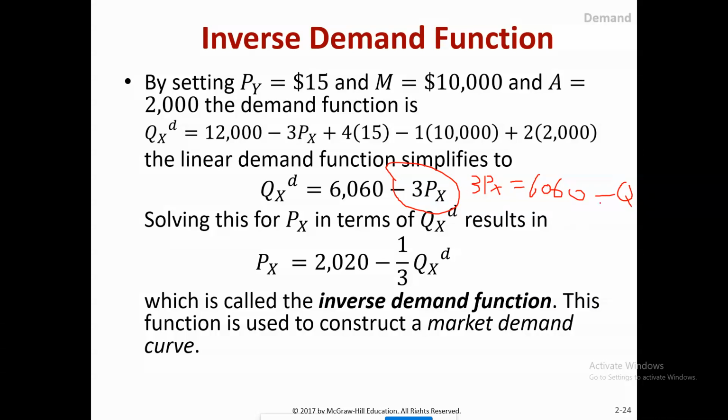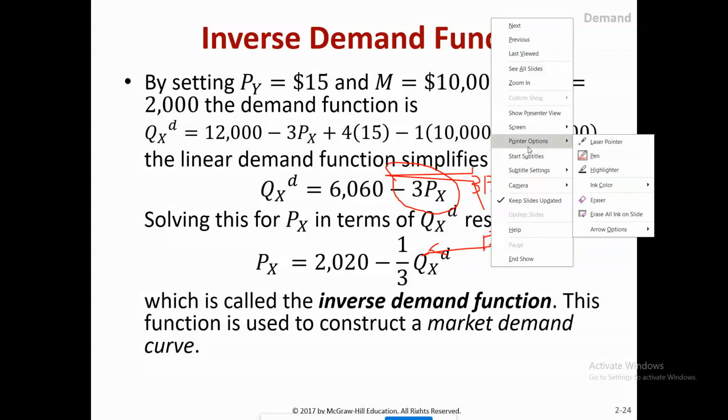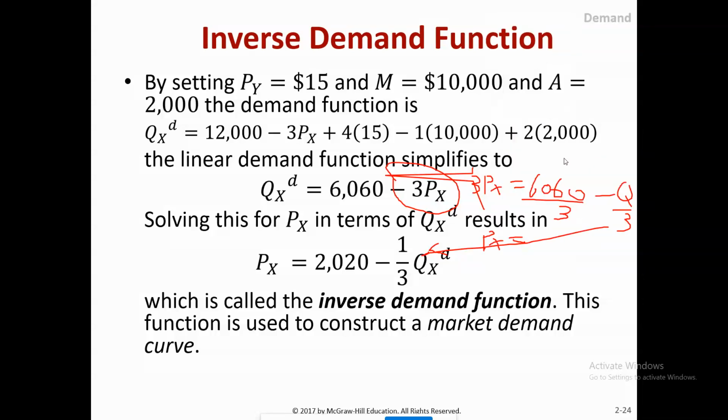Then we divide everywhere by 3. We got this, and this is called the inverse demand function.